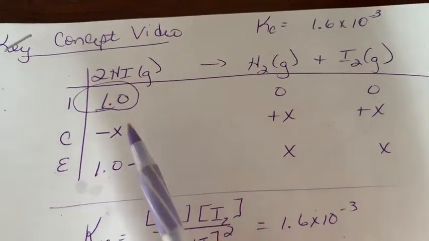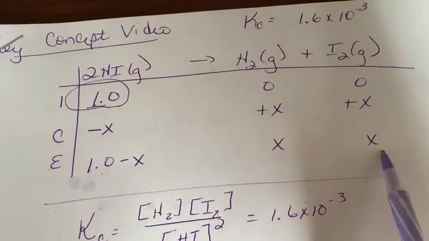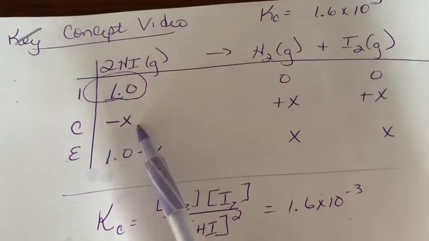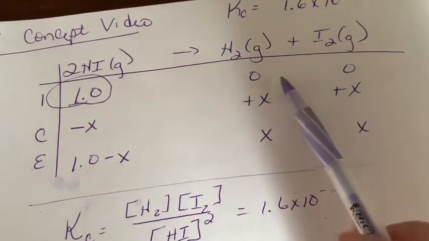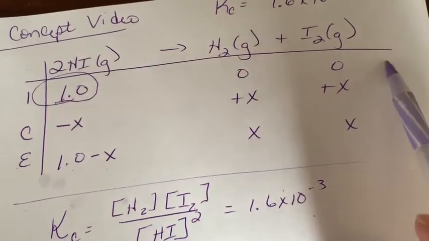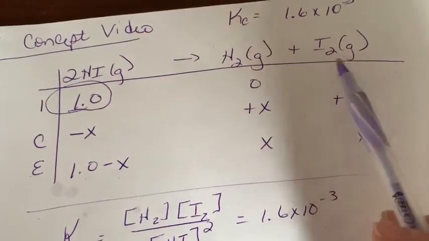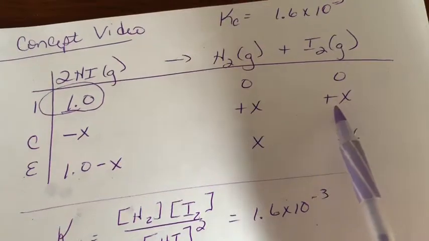And so if they don't give any of the equilibrium concentrations, you need to use X. If it's a reactant, it's minus X because the concentration is decreasing. And always assume the concentration of products are 0 at the beginning, unless you're told otherwise.